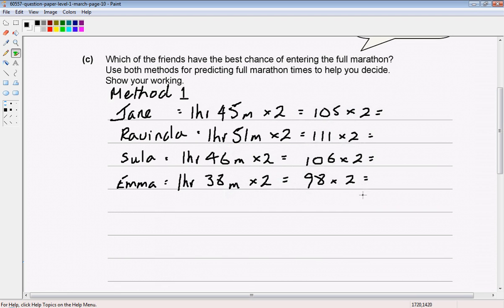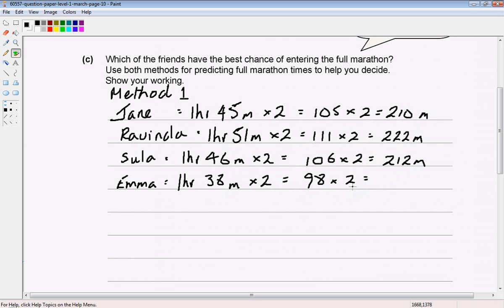Okay, so 105 multiplied by 2 is 210 minutes. 111 multiplied by 2 would be 222 minutes. Feel free to use the calculator, by the way. 106 multiplied by 2 would be 212.